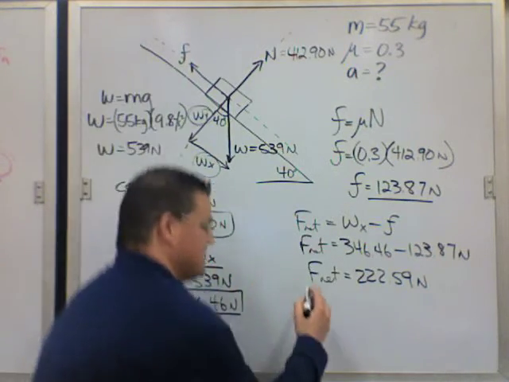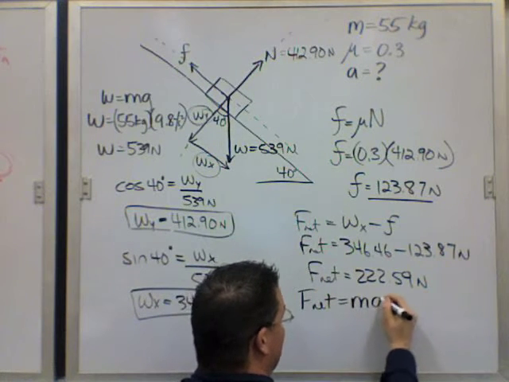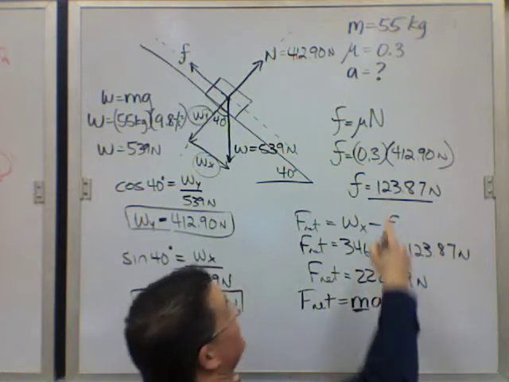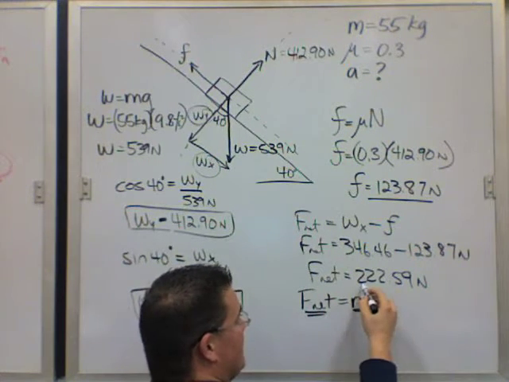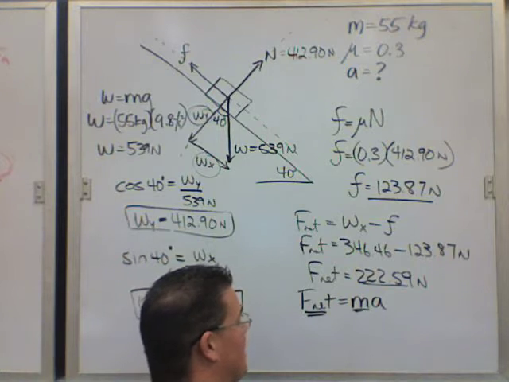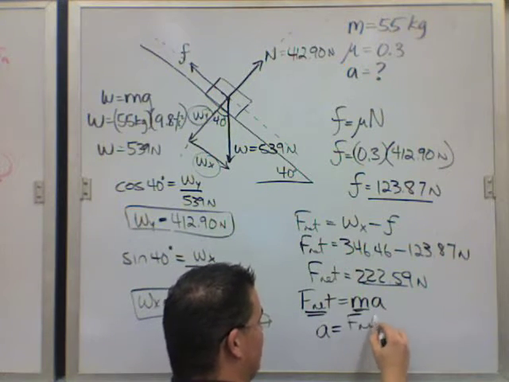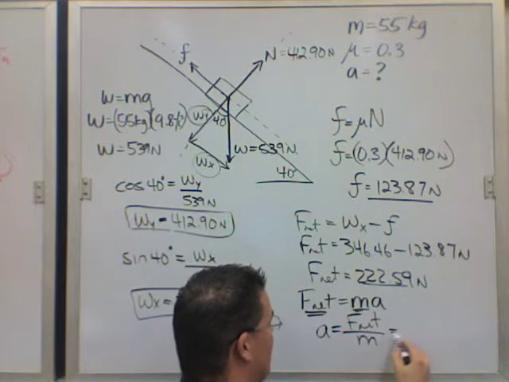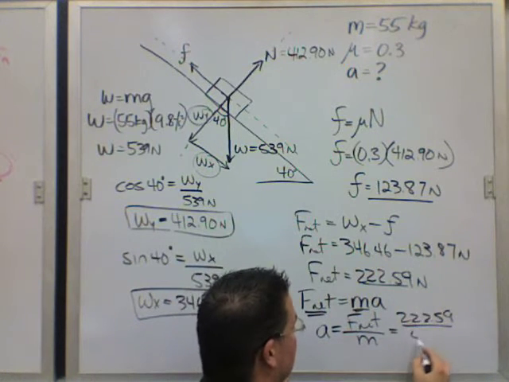And so we're going to say F net equals ma. We know the mass. The mass is 55 kilograms. We now know F net. It's 222.59. And when you rearrange and plug these two in, you get F net over m, 222.59 over 55 kilograms.